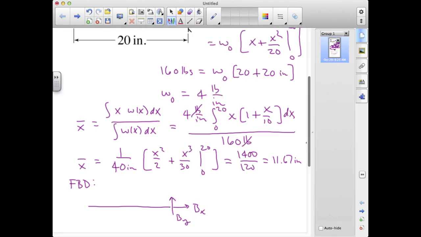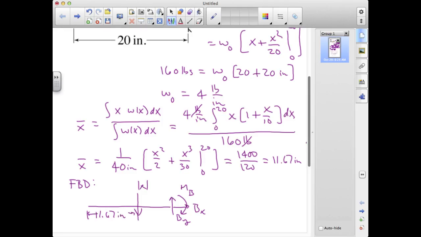And since the only external load is from this weight, which is tending to induce a counterclockwise moment about B, I'm going to draw the reaction here at B as clockwise. Our resultant force is here, and it's 11.67 inches from this left-hand side.